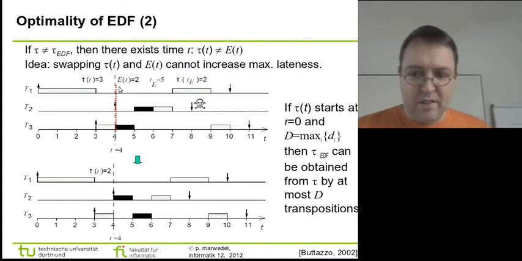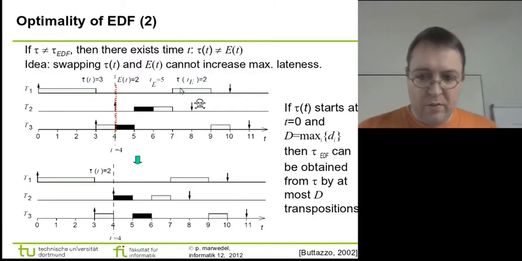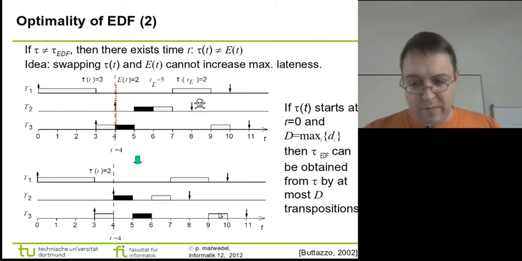So let's consider the example here. At this red line we have tau of t is 3, E of t is 2, we have te of t is 5, and we have a schedule of te of t is 2. And when we swap this here, we see we do not increase the maximum lateness of the system.